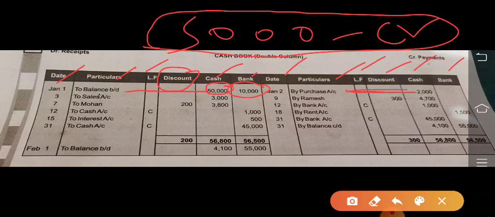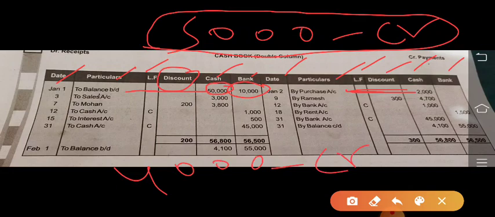Next point we have is sold goods in cash rupees 3,000 and on credit to Mohan rupees 4,000. Again, we sold goods 3,000 for cash and 4,000 to Mohan. The goods of 4,000 that are sold to Mohan are sold on credit.